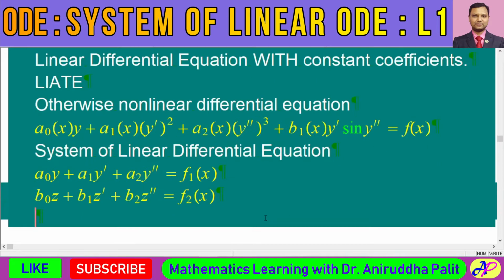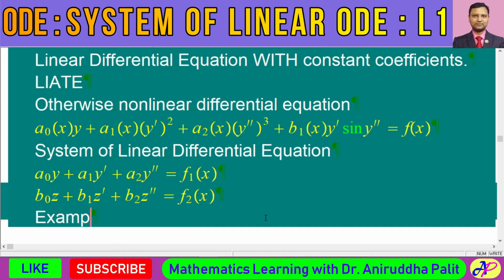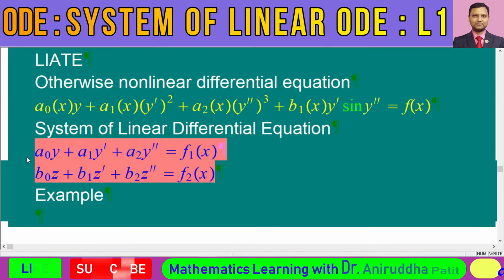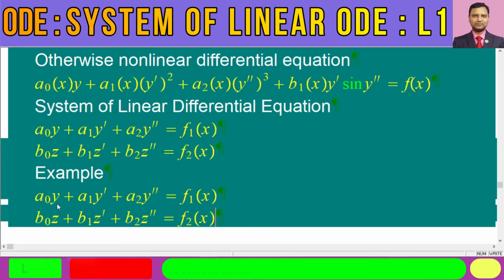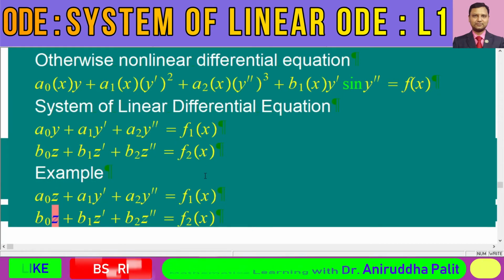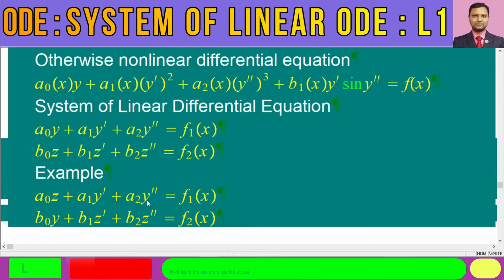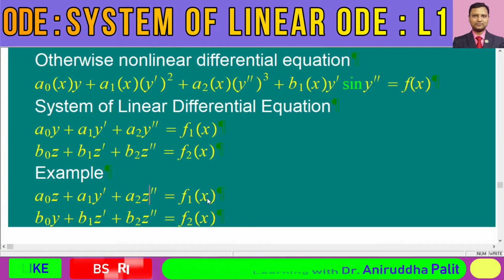Now it may so happen, this is a very simple expression. This is one example. Another example may be a bit complicated. Say suppose in place of y we have z, and in place of z we have y. A little bit of a mixture. Maybe over here we have z double prime.